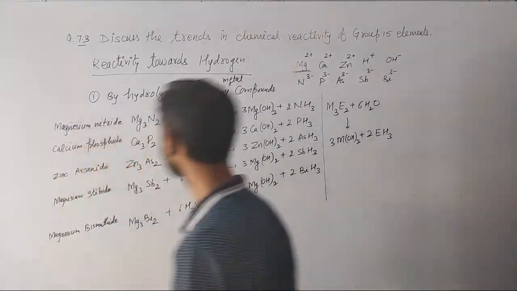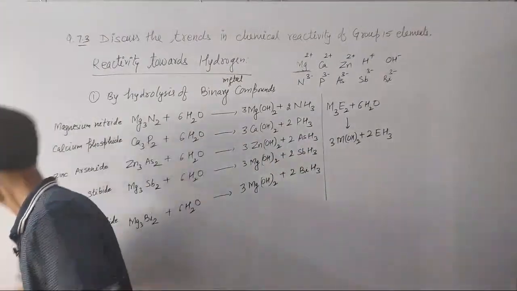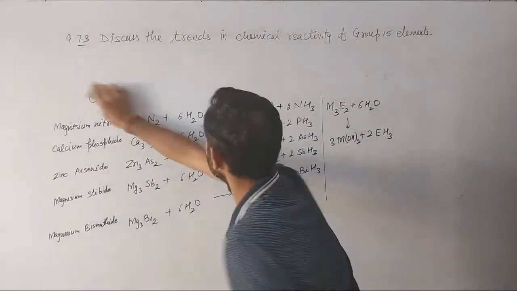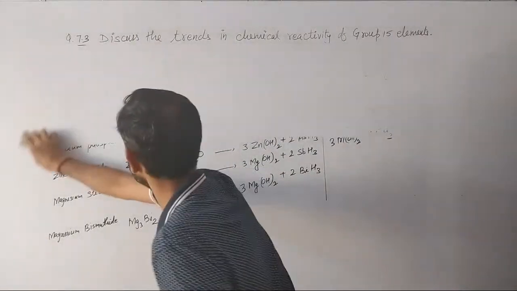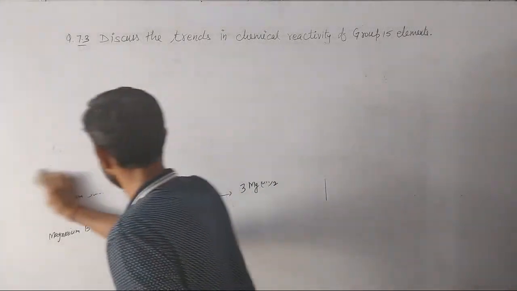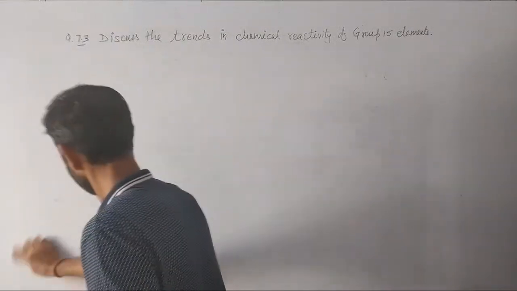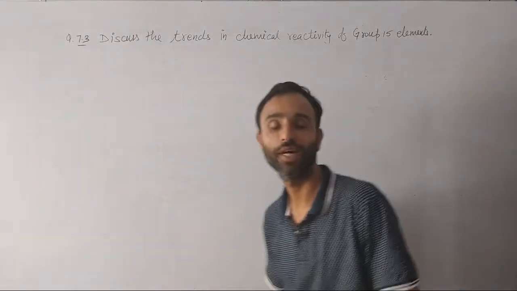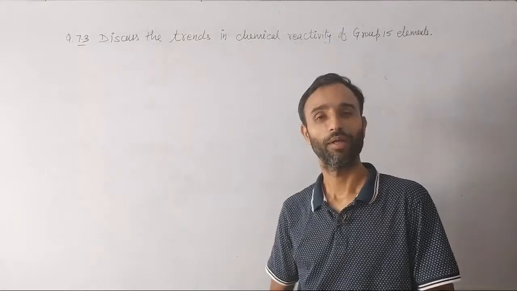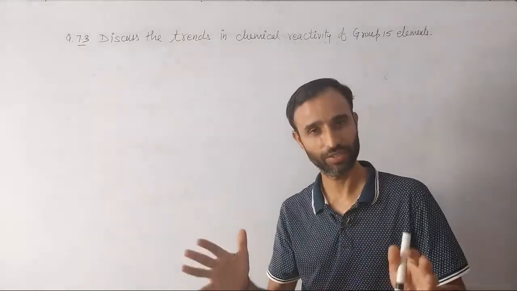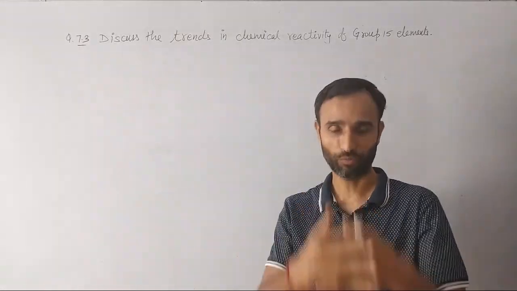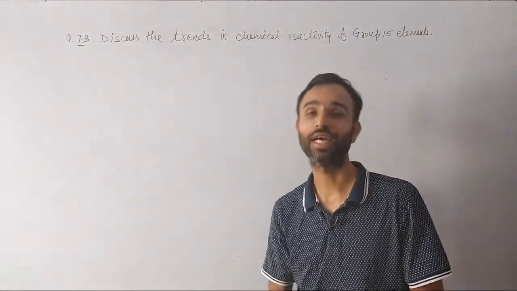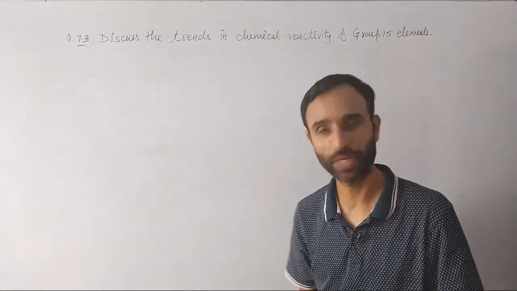by reduction of trichlorides. So this is simple. We are doing the group 15 hydrides. Okay, first we write how many types of hydrides are there, then we are doing their preparation.